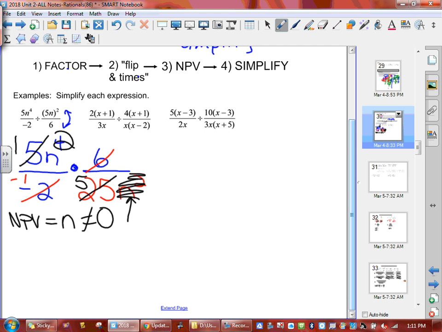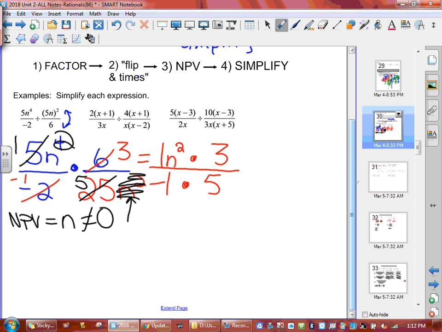Now we're going to slide the top together and multiply. So I've got 1n squared, we end up with 1n squared times 3 all over -1 times 5. That's what we end up with. So now we're going to multiply all that. All the 3 can do is multiply to that coefficient. And on the bottom, there's no variables, we're just multiplying.